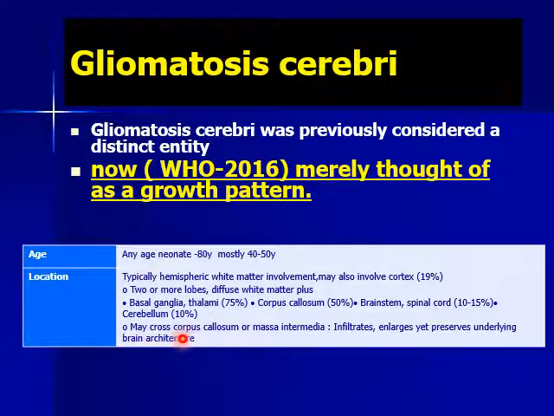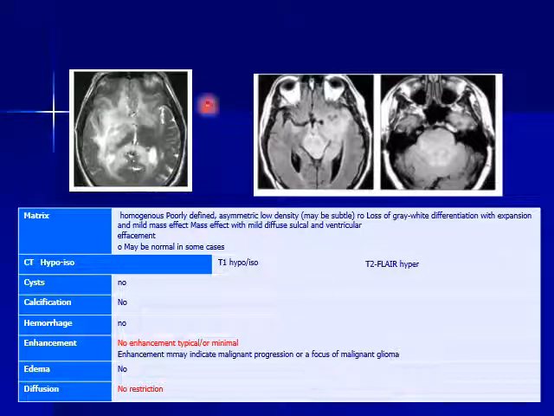Gliomatosis cerebri may cross the corpus callosum or the massa intermedia and infiltrate the 2 cerebral hemispheres. And the other criterion, which is very important, is that it causes enlargement of the affected site, but it maintains its brain architecture. What is meant by this? It causes expansion but maintains the shape, as if it is a benign infiltrative lesion causing enlargement without distortion or destruction of the shape of the structure, and we will see this in the coming images.